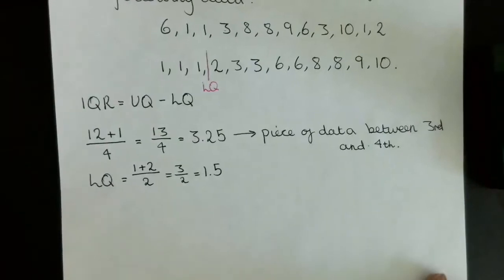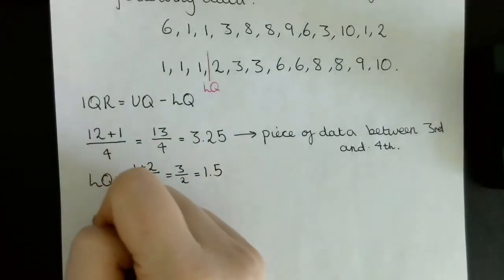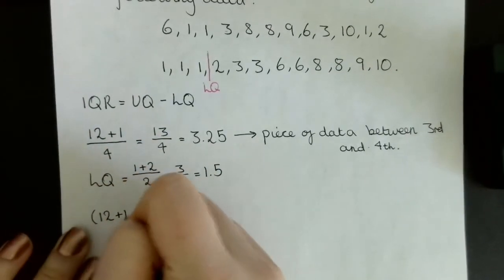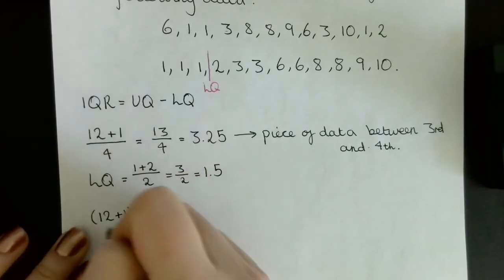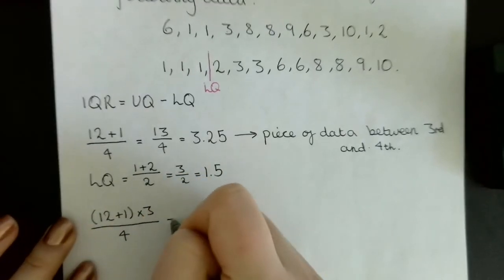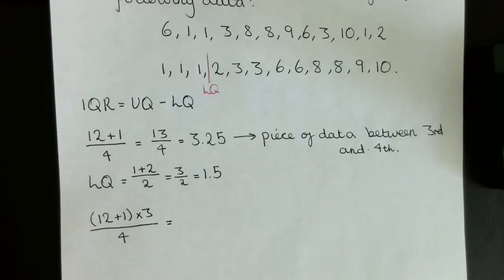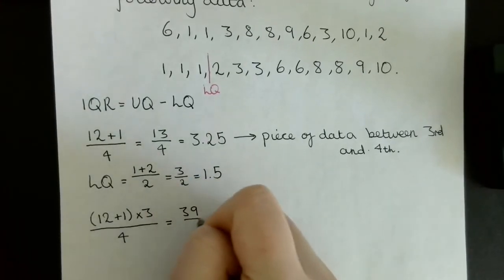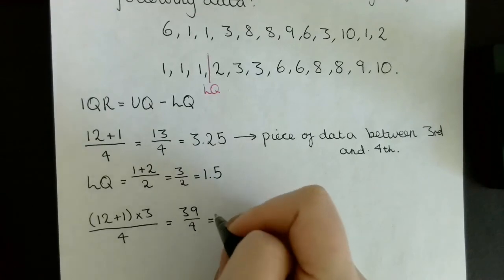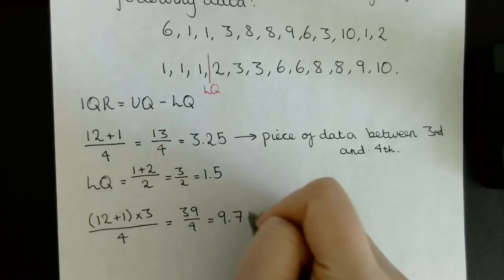Now my upper quartile, I'm going to do 12 plus 1 multiplied by 3 over 4 to find out which entry it is. So that's 39 over 4, which is 9.75.